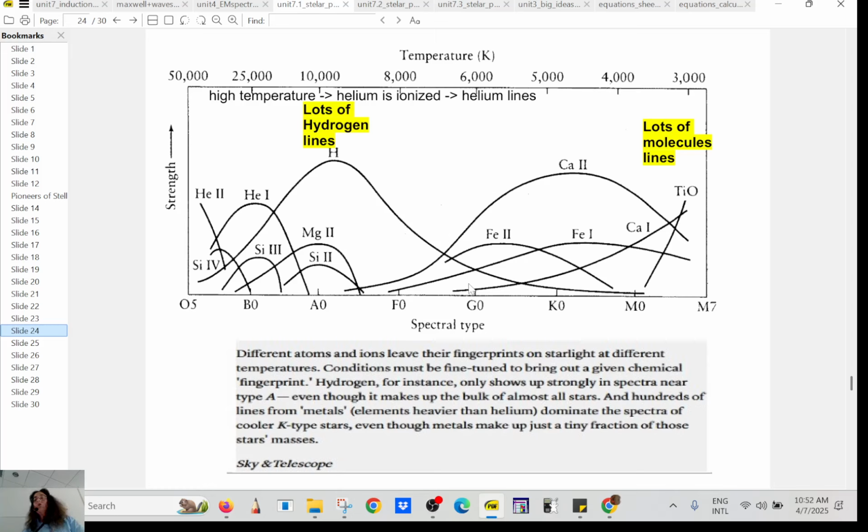And then as you go cooler, in very, very cool stars, the hot gas inside them doesn't have enough energy for hydrogen to be involved. So electrons from hydrogen cannot get to a higher level of energy. It will be only molecules. So that was a very big breakthrough because he was able to link absorption lines and temperature.